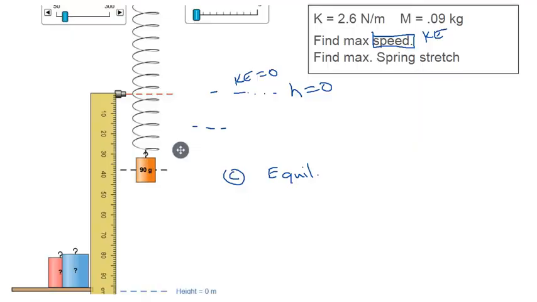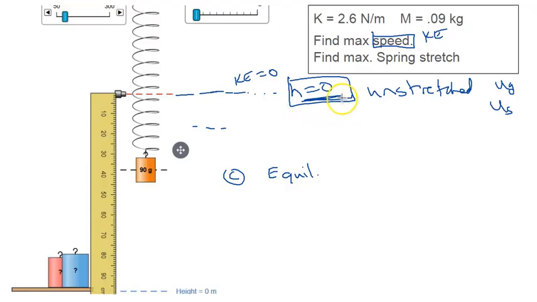Sorry. Okay. So the rule is to set sea level to unstretched. What you want is your zero reference for UG and US to be the same spot. It makes your life easier. Okay, and we just calculated that equilibrium was 0.34 meters below that.